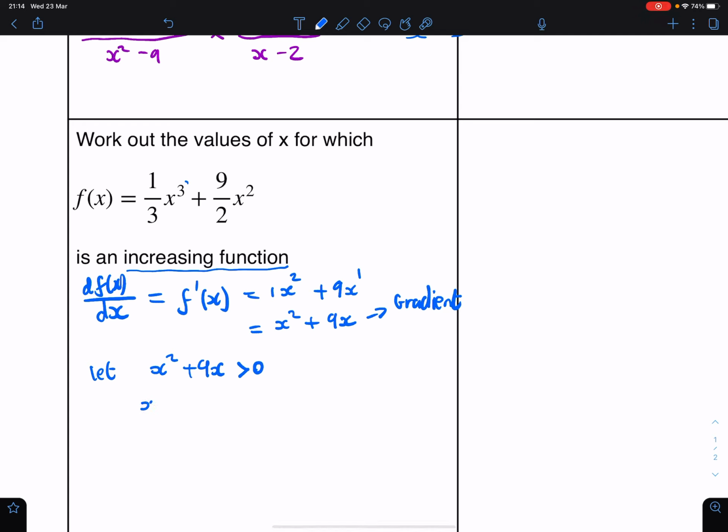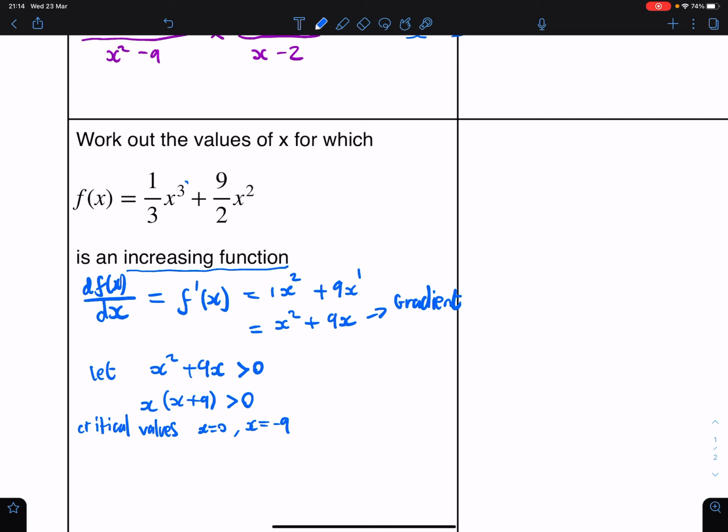So we can factorize this to x, open bracket, x plus 9, greater than 0. And our critical values are when x equals 0 and x equals minus 9. Okay, just imagine that we're equal to 0.